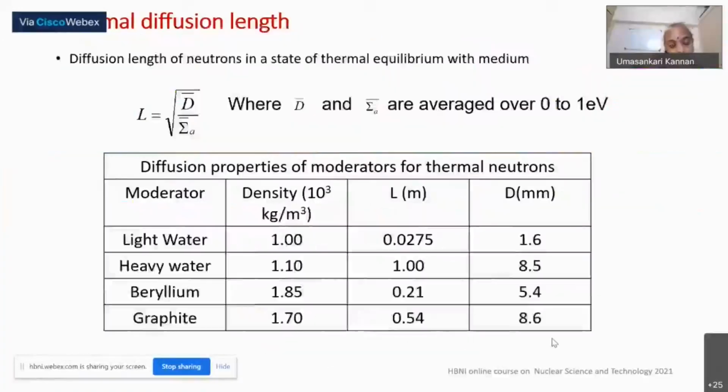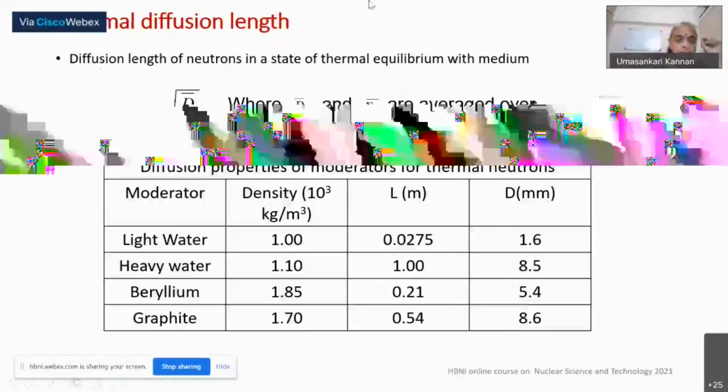Now, I had told you that I will explain a little more about this L. Here we have considered all the neutrons to be thermal. So they are diffusing in the medium as thermal neutrons, colliding with the moderator atoms, and either losing energy or gaining energy, but the net energy is going to be almost thermal.